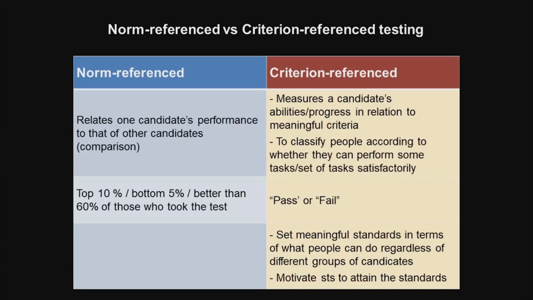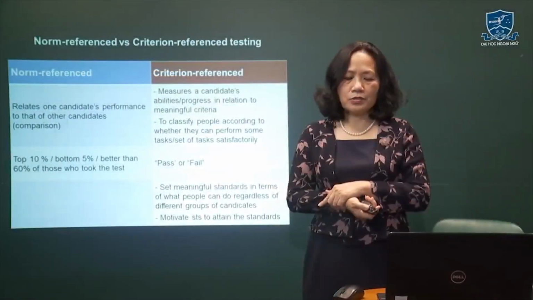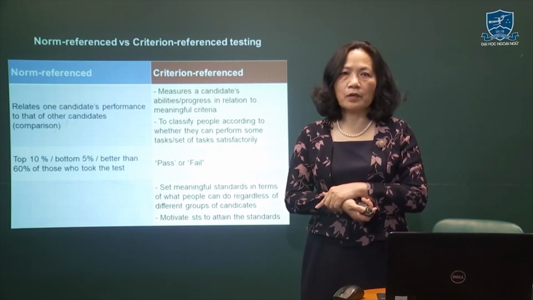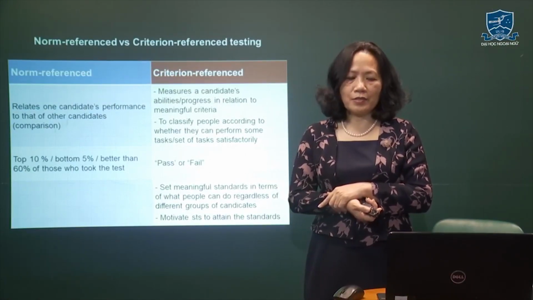So this type of testing can motivate students to attain standards. They should know the objectives of the course, they should know the standards they have to strive for, and they will learn hard to attain the standard instead of comparing themselves with other students.